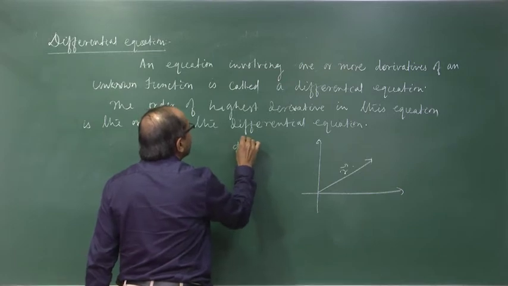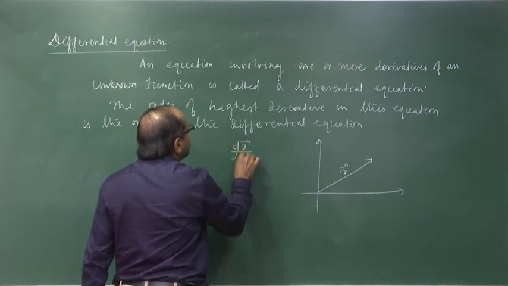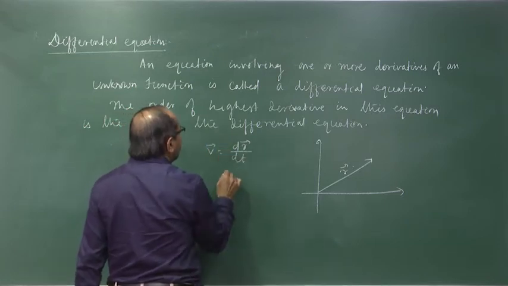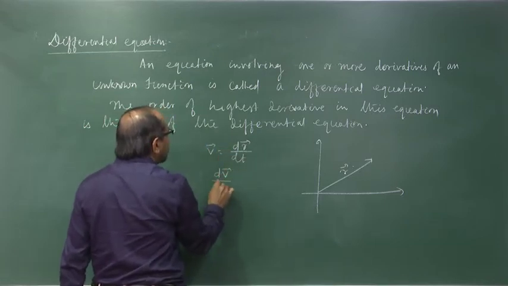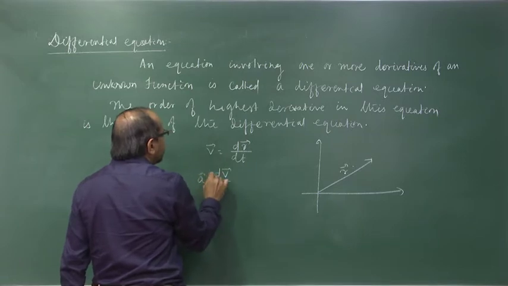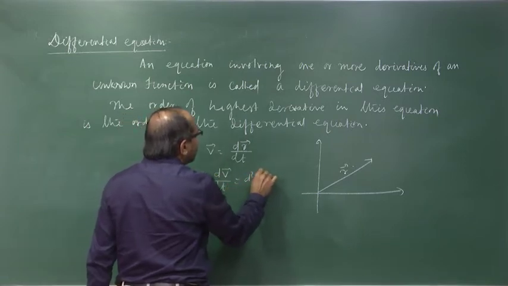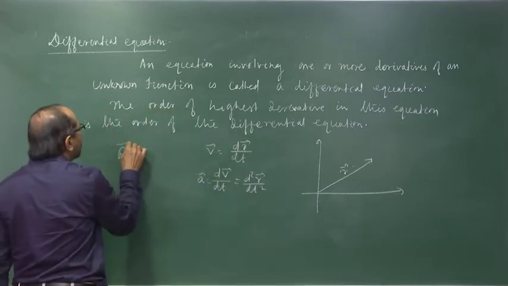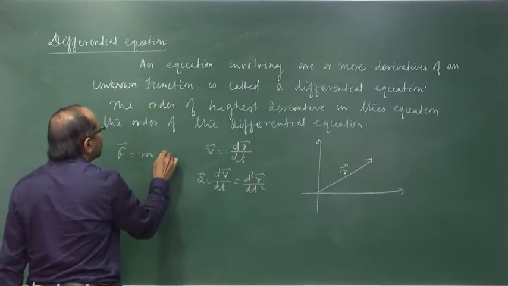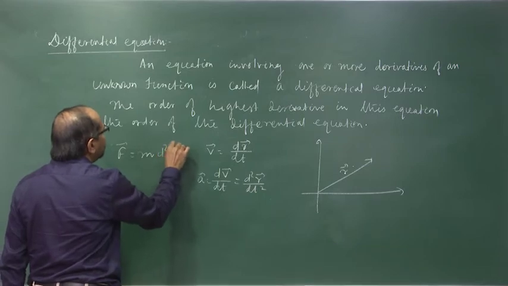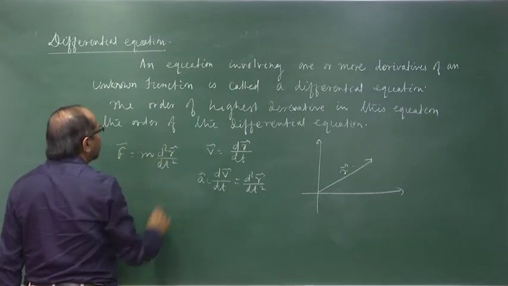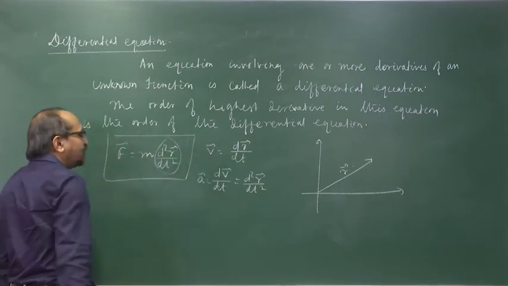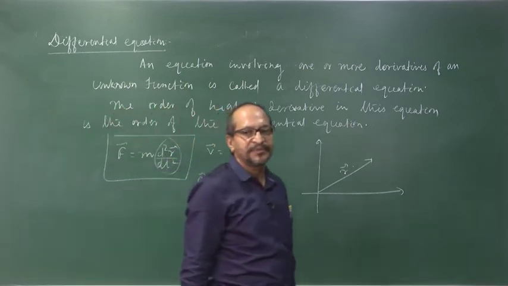The rate of change of r with respect to time is the velocity, and the rate of change of velocity is the acceleration, equal to d square r by dt square. Newton's second law says that force on the particle is equal to mass times its acceleration, that is m into d square r by dt square. So, this equation involves the second order derivative of the position vector r.